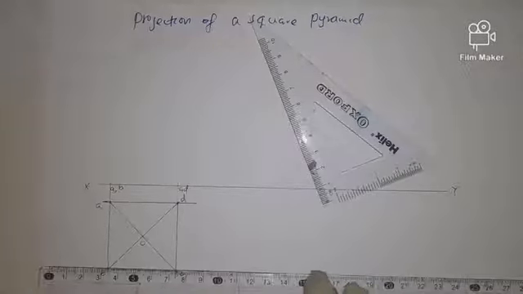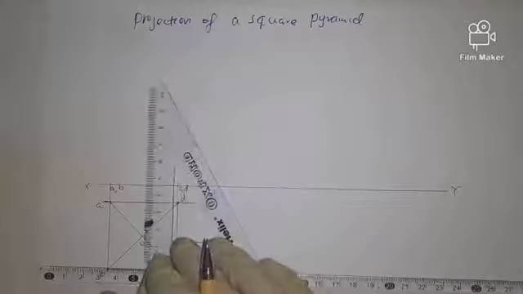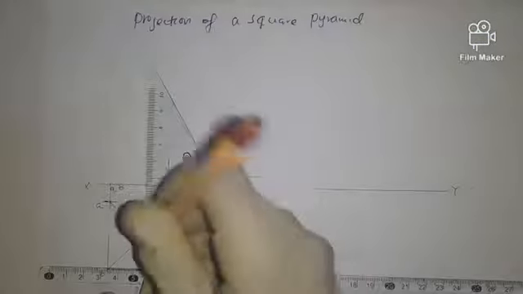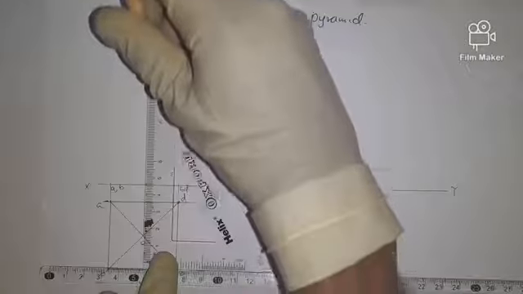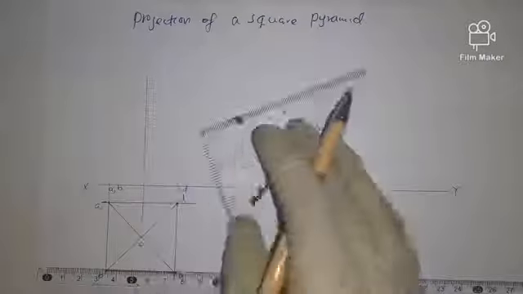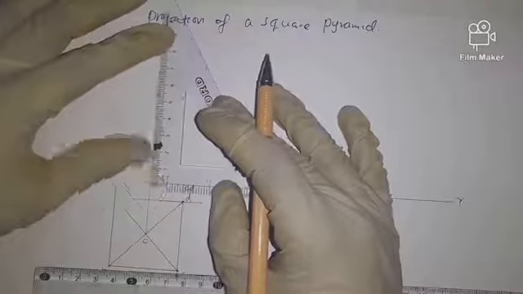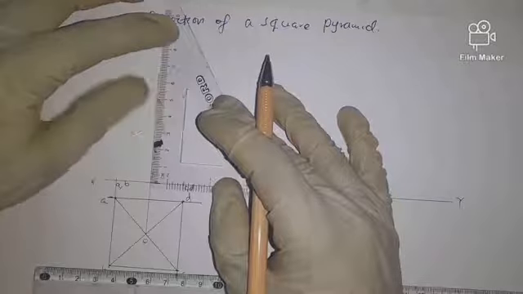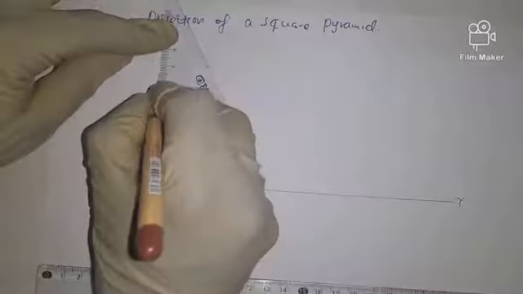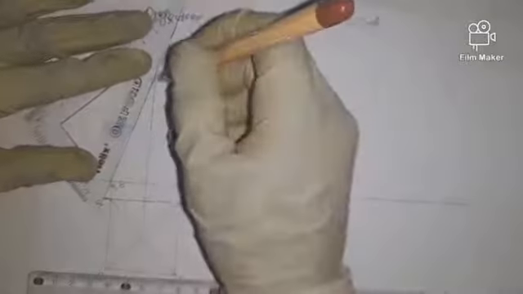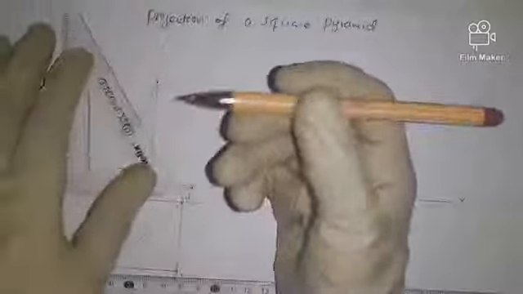So we can have our vertex. Let me do it this way, okay. Then we measure 60. And if we measure 60, we get this one. Then we can join to A. Also join this.